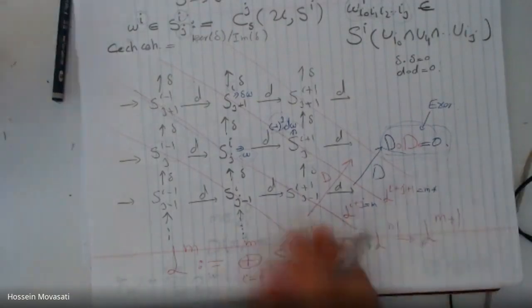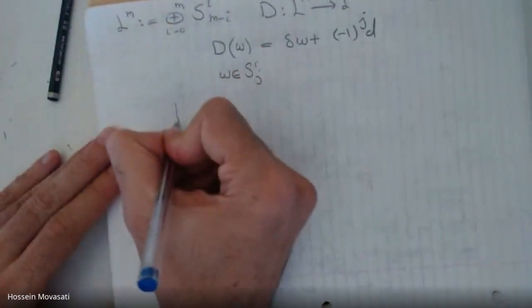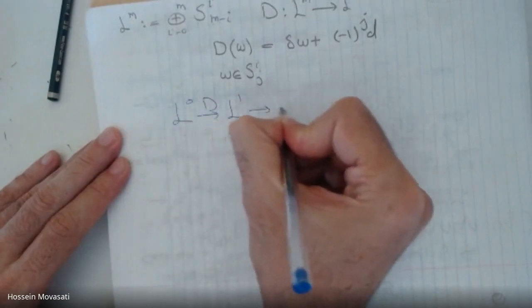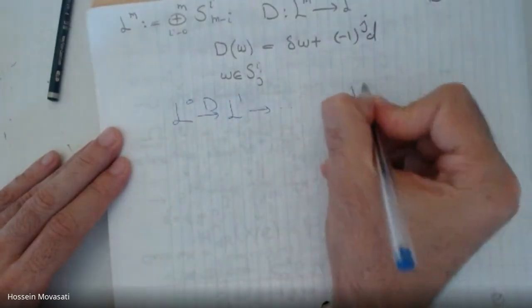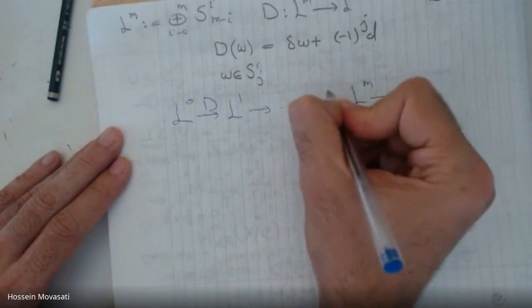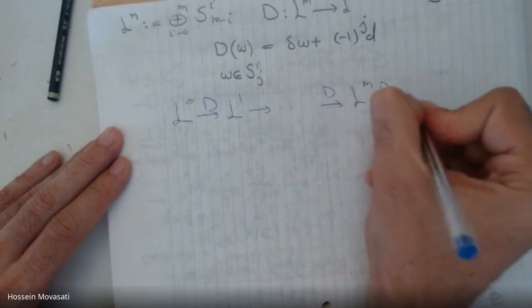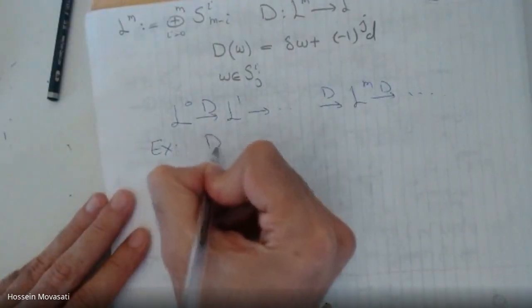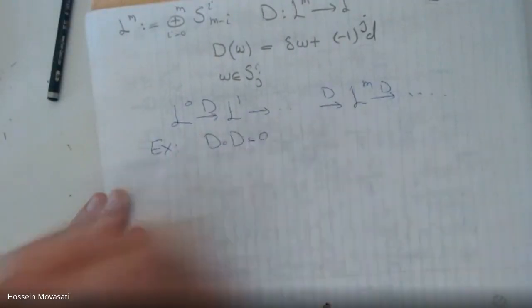Okay, so what we reach at the end is this complex L^1, D, L^m, D, and so on. And again, exercise: D composed with D equal to 0.